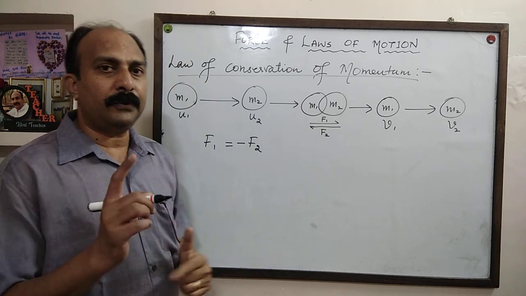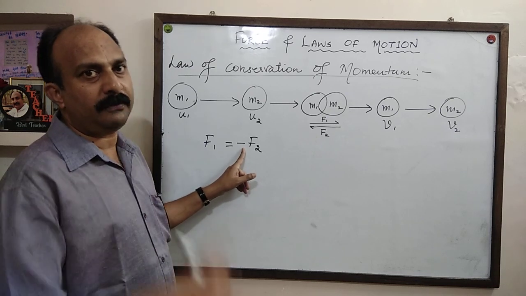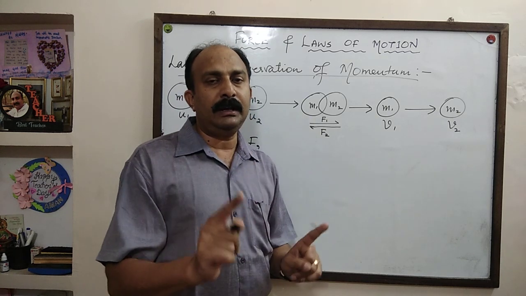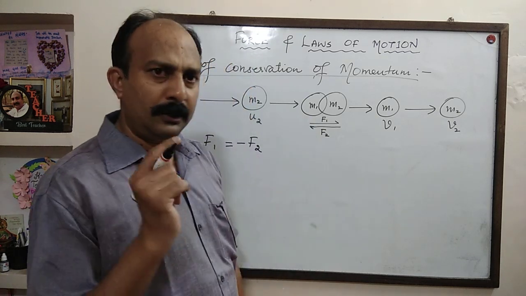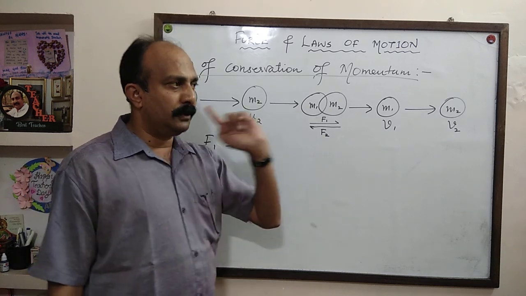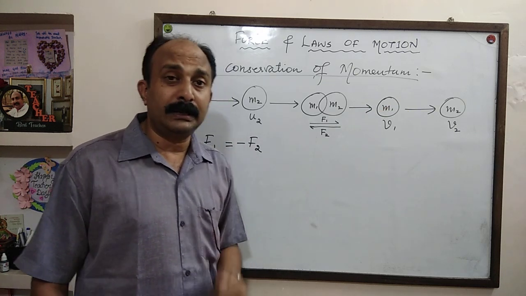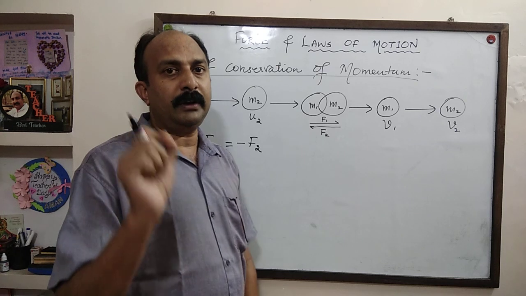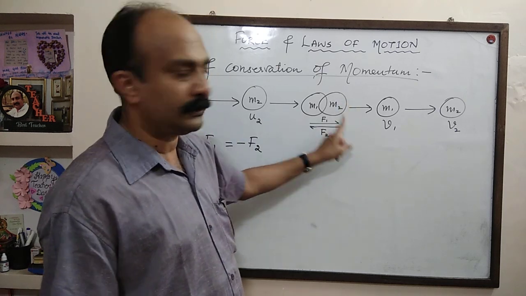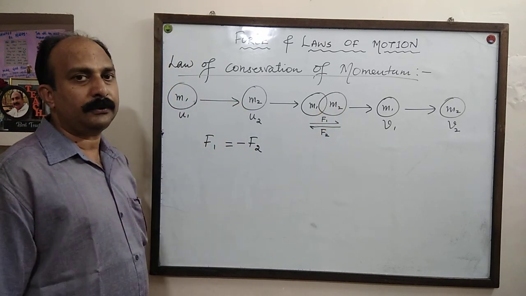Whenever the direction of force is opposite, we will show it with a minus sign. Remember always, if the direction of both the forces is the same, then we will take both as positive. Not only force, even in velocity also. If the velocity of the first body is in one direction and the velocity of the second body is in the opposite direction, then the second body's velocity will be taken with a minus sign. Similarly for force also. So by Newton's third law of motion, F1 is equal to minus F2.